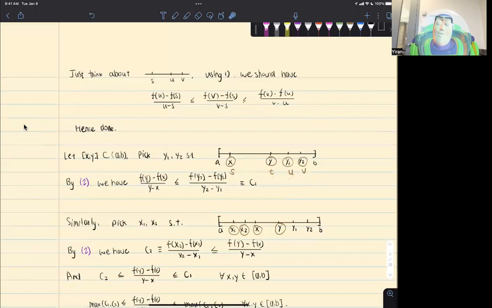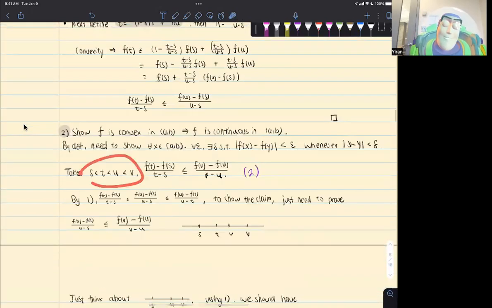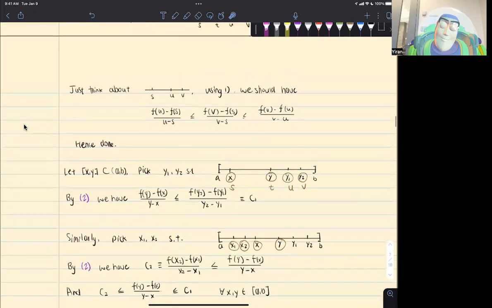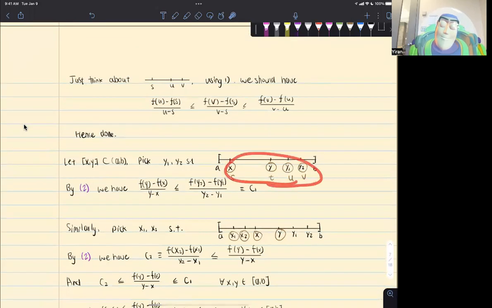Then you can apply the corollary on those four points, because the corollary involves these four points right here, and you get the inequality, and you define this inequality to be C1.